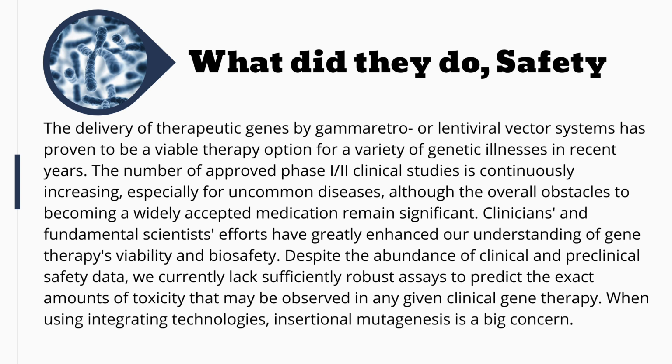Although the overall obstacles to becoming a widely accepted medication remain significant, the efforts of clinicians and fundamental scientists have greatly enhanced our understanding of gene therapies, viability, and biosafety.